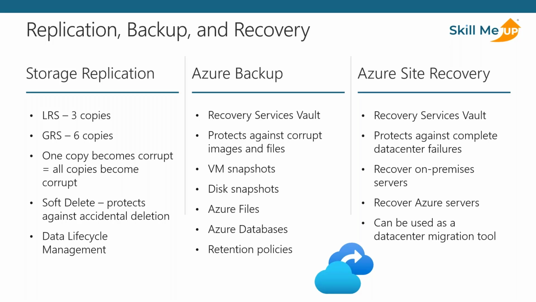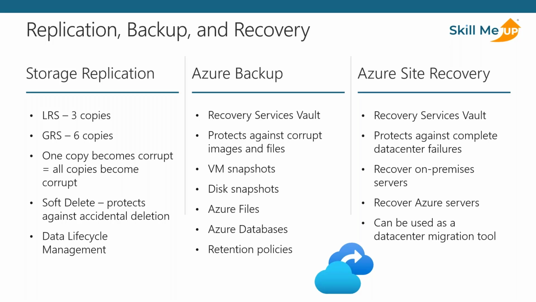And storage replication works very similarly, where the data storage of the Azure environment is built in and replicated at multiple levels. At a minimum, your object or file within a storage account has a minimum of 3 copies that are replicated across 3 storage arrays. So if a storage array goes down, you still have 2 copies that are maintained.